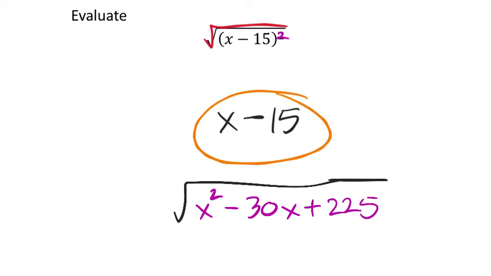And then this factors in, it's a perfect square trinomial for x minus 15, right? So squared, and then you square root that, and then you get this, okay? So again, they're not giving us this right now just so we know, hey, look, if you got a square root and an exponent of 2, they essentially undo each other. Just take whatever's on the inside of those parentheses and call that your answer.